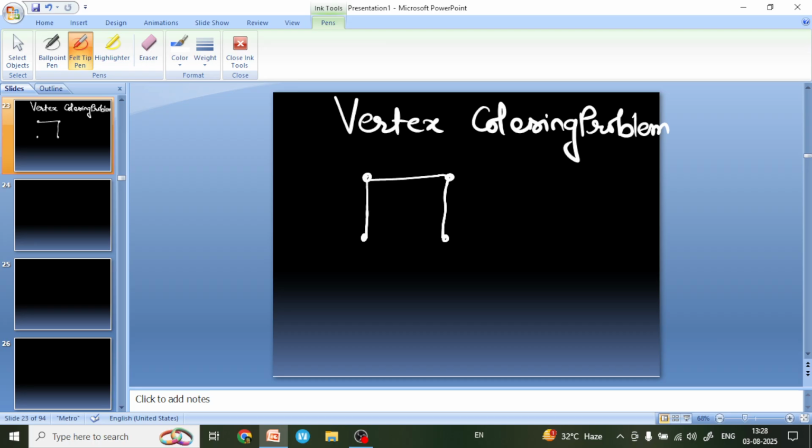Now we have to find the chromatic number, or you can say how many colors will be needed. An assignment of colors to the vertices of a graph so that no two adjacent vertices have the same color.